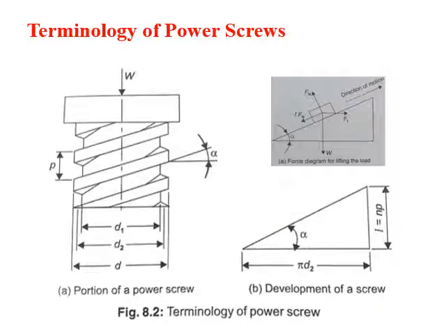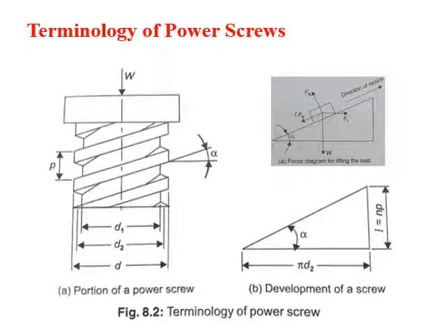Coming to the terminology used in power screws, as you can see in the sketches, we have power screws here with an alpha angle, and P is the pitch, which is from a point on the thread to the corresponding point on the next thread.